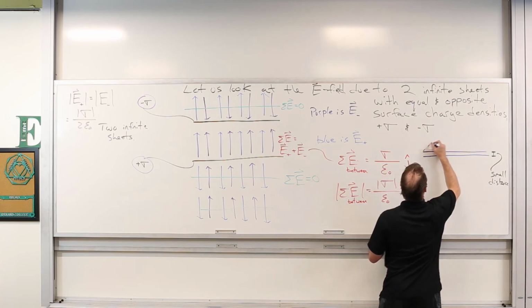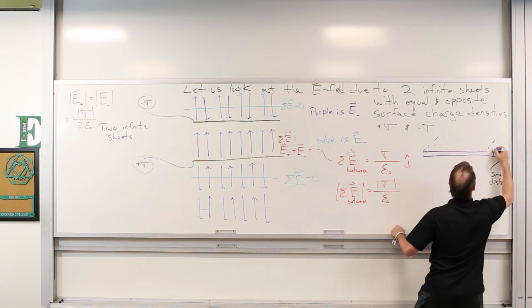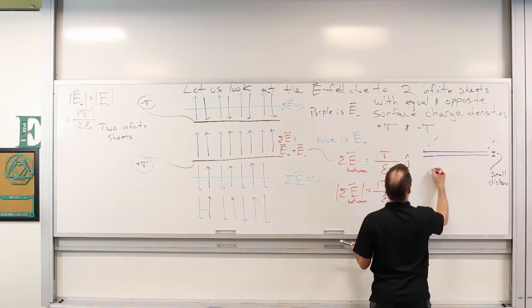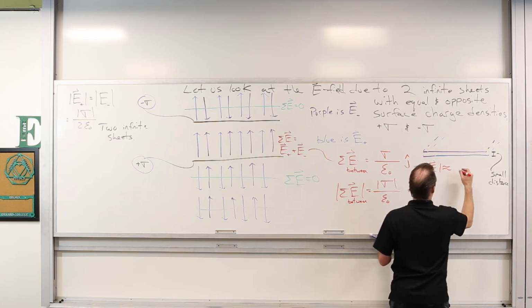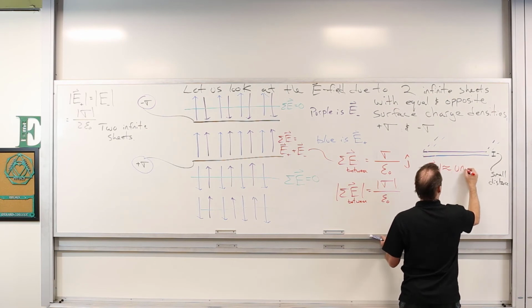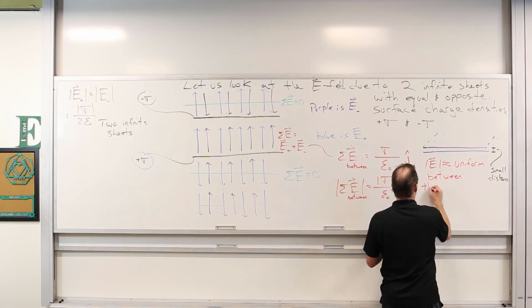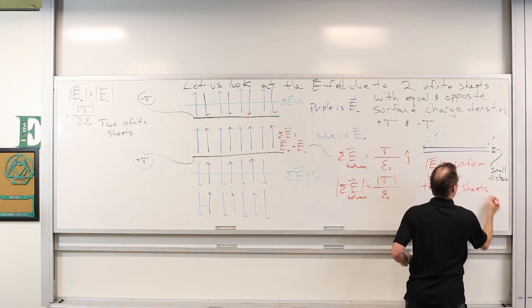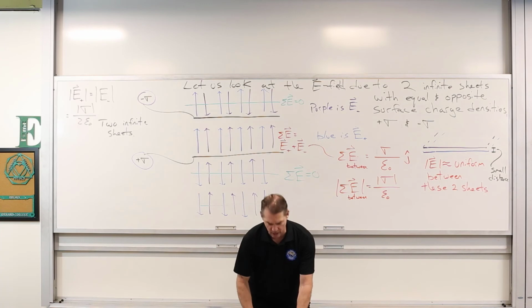So we've got sheets, and say that it's approximately uniform, constant in magnitude and direction.